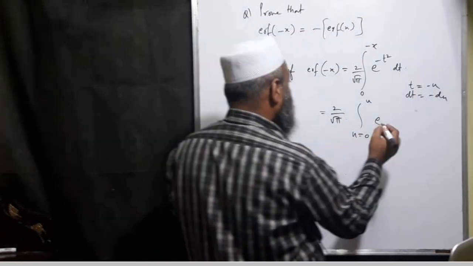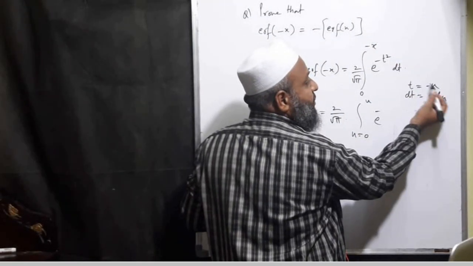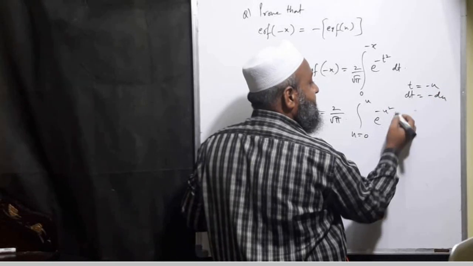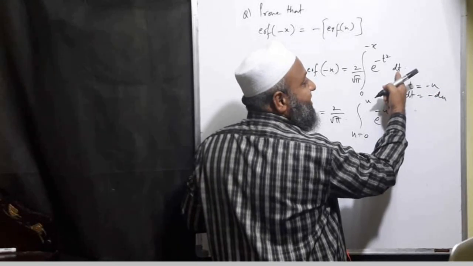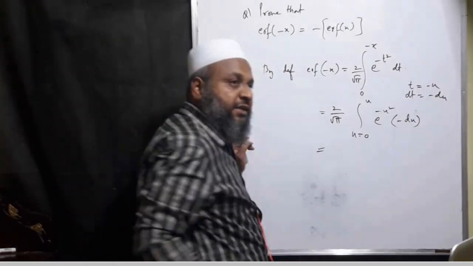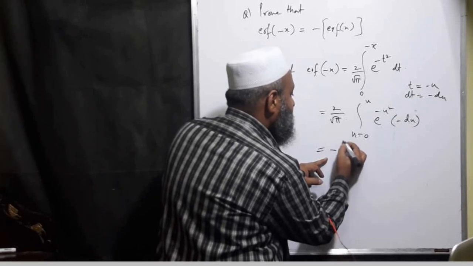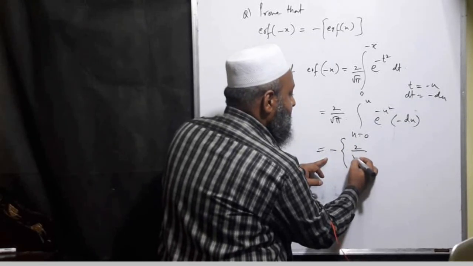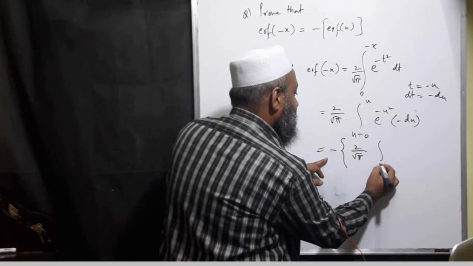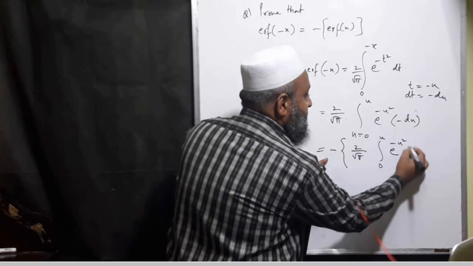Next, e to the power of minus, the t square is minus u whole square, that is just minus u square, and this dt is minus du. That's equal to, this minus comes out, so minus of 2 by root pi integral 0 to u e to the power of minus u square du.